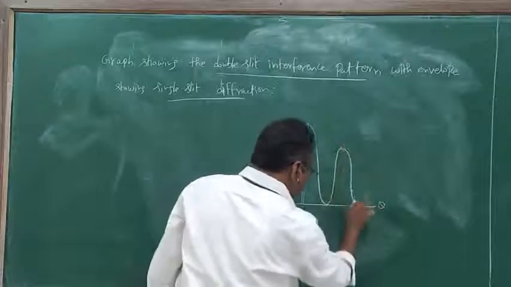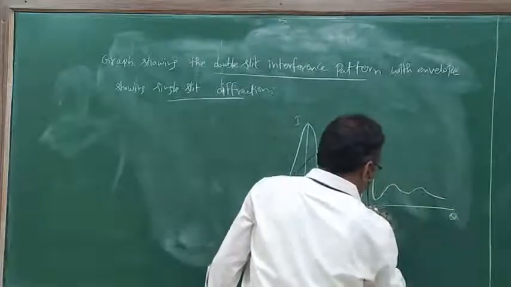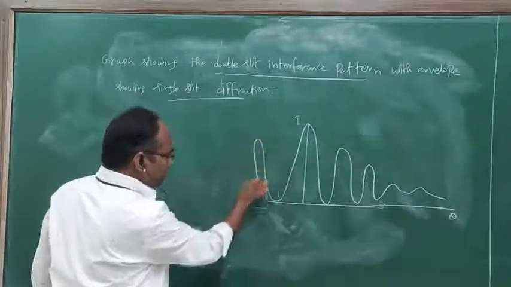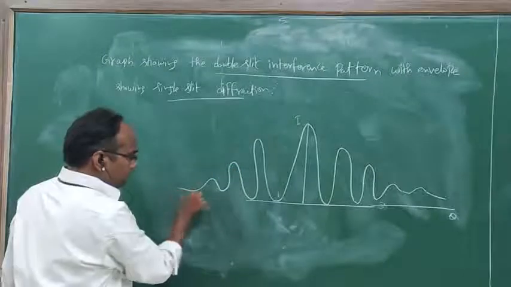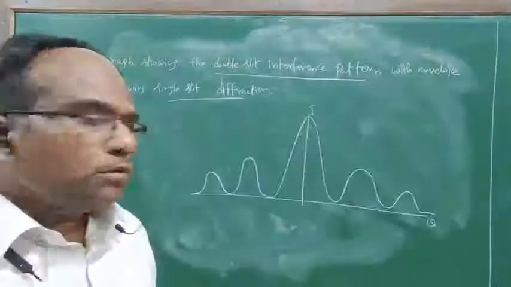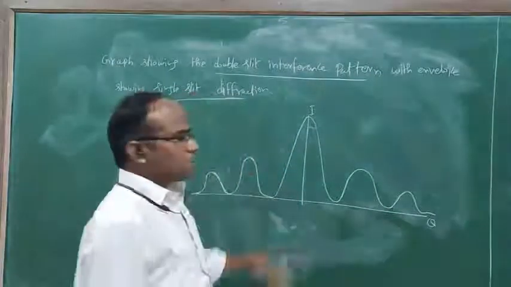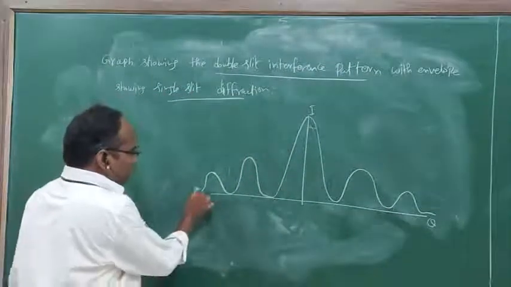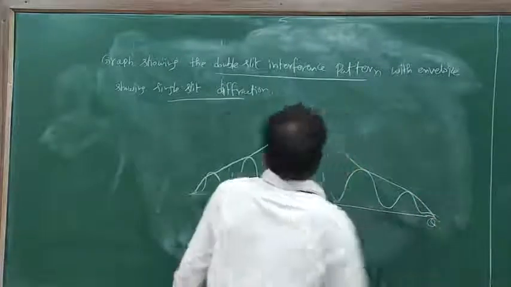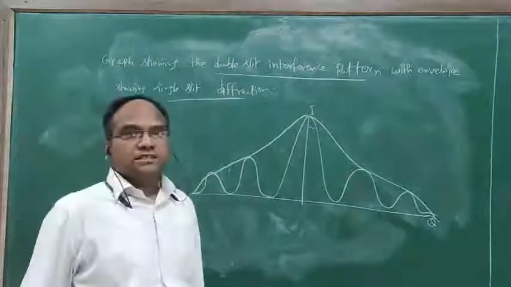Next like this, next like this, and so on. Now I am joining this. So this is the graph showing the double slit interference pattern with envelope showing single slit diffraction.